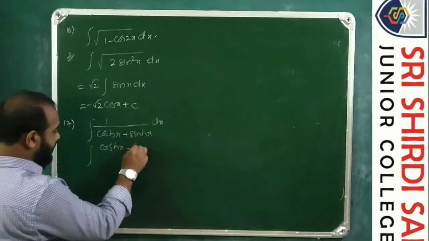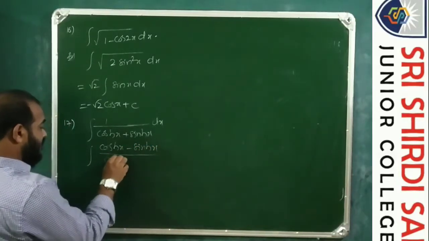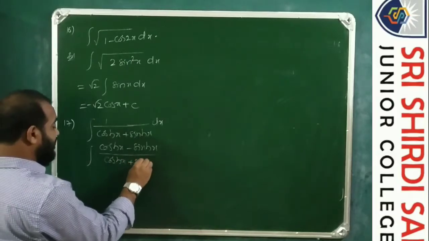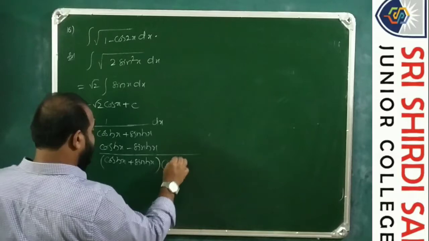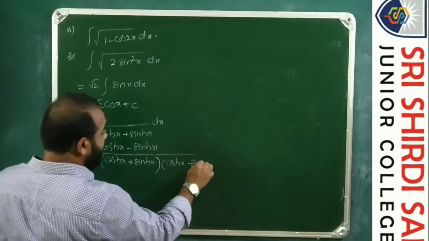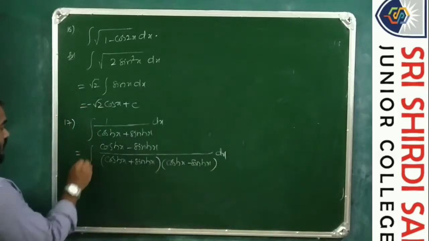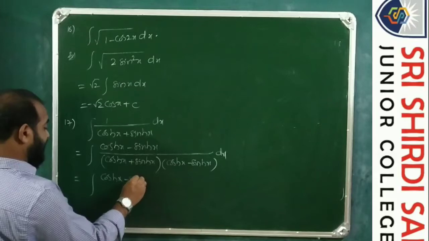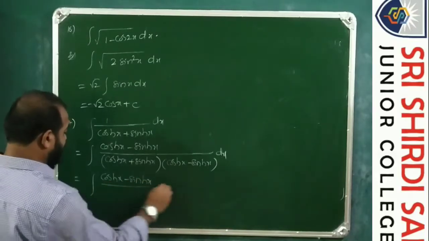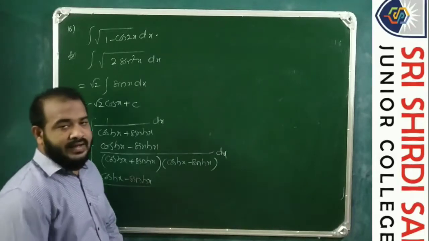Cos hx minus sin hx by cos hx plus sin hx into cos hx minus sin hx dx. So this is equals to cos hx minus sin hx by a plus b into a minus b, a square minus b square.